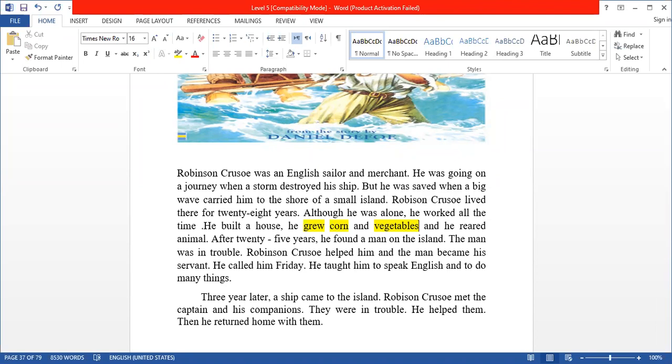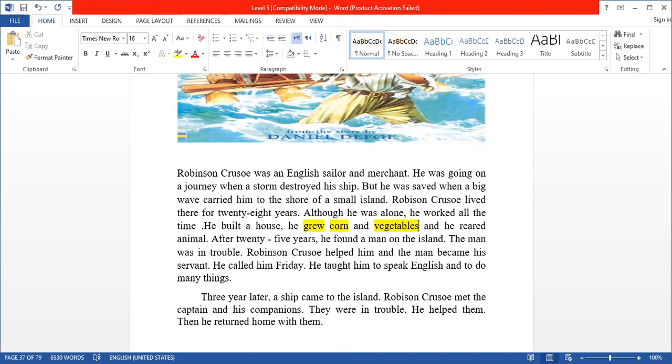All of these, we call them vegetables. اللي هي الخضروات. Tomatoes, potatoes, beans, onions, etc.